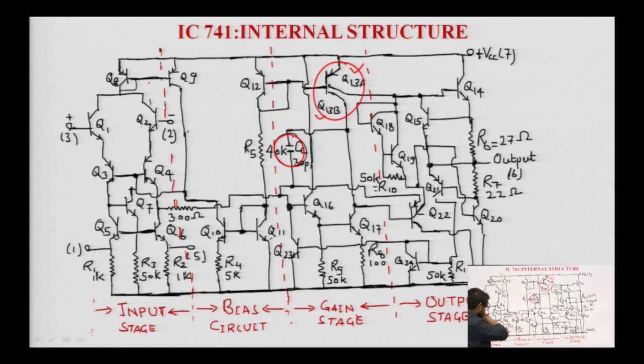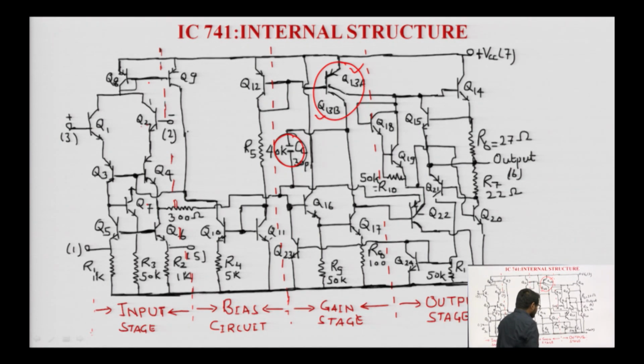Okay. And Q5, Q7 and Q6 work as an active load, that is, the current mirror behaves as an active load for the differential amplifier. We take the output from the collector of Q6 and apply it to the input of the gain stage at the base of Q16.